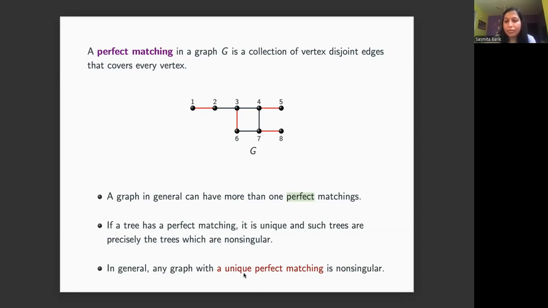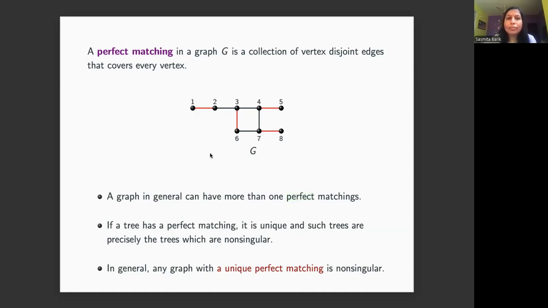The way you are calculating the linear subgraph, you can use that, and from that result you can prove that if a graph has a unique perfect matching, then the determinant will not be zero, because that will give the corresponding linear subgraph, and then you can show that the determinant is not zero. So this is a graph with a unique perfect matching. So I can say that its determinant will be not zero. So there will be no zero eigenvalues here.